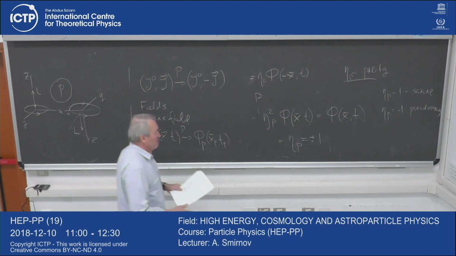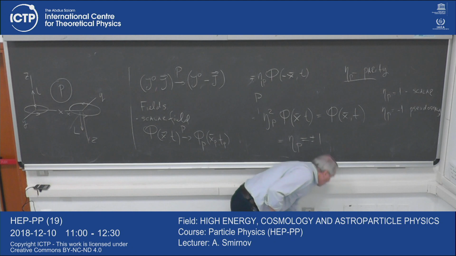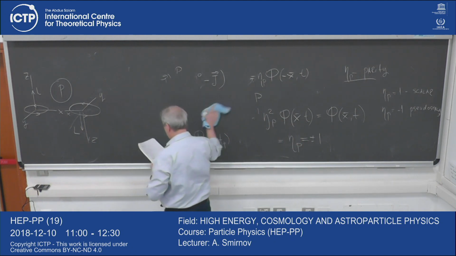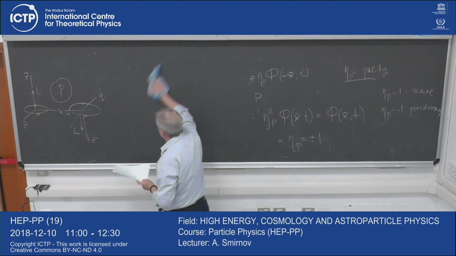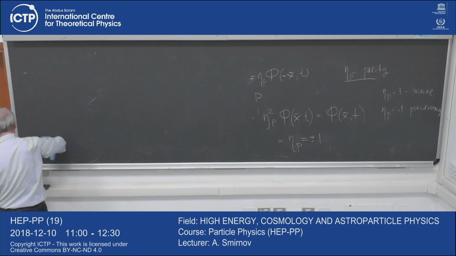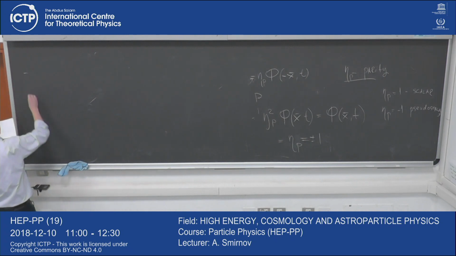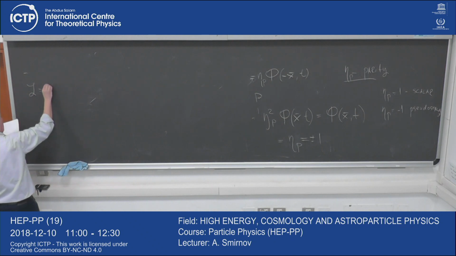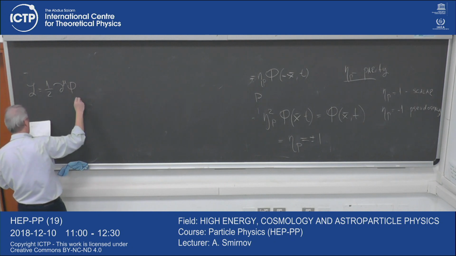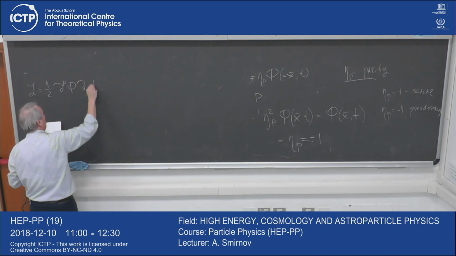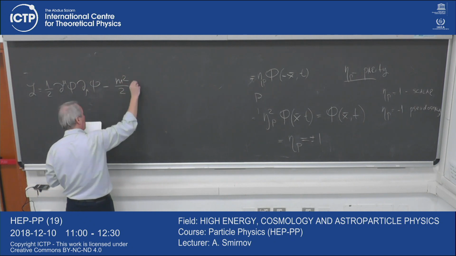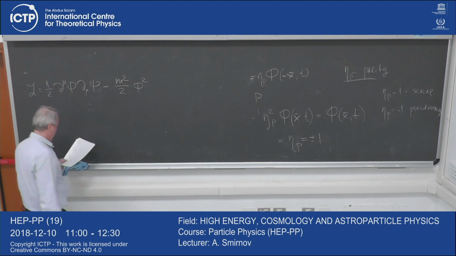You can check that the simplest Lagrangian for scalar fields is invariant under these transformations, under P transformations. So if you take a Lagrangian in the form 1/2 ∂_μ φ ∂^μ φ minus m²/2 φ².